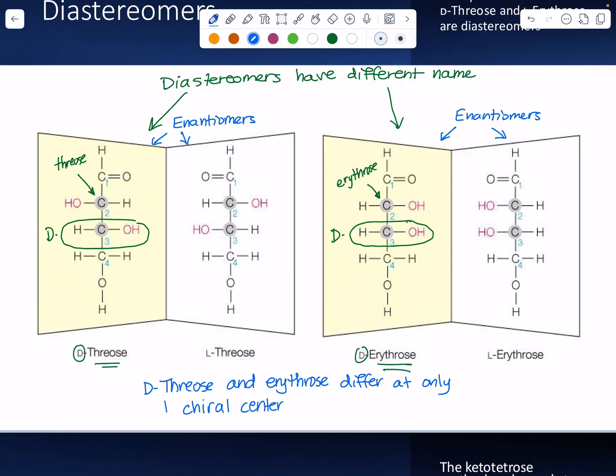Those get a special name: they're called epimers. Diastereomers that differ at only one position are called epimers. It'll be a little clearer when we get to longer chain monosaccharides like hexoses, because then we'll be able to see things that differ at two centers versus one.